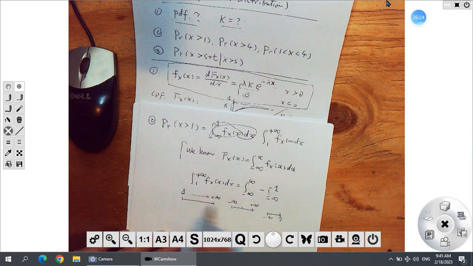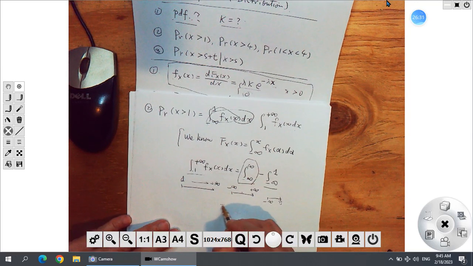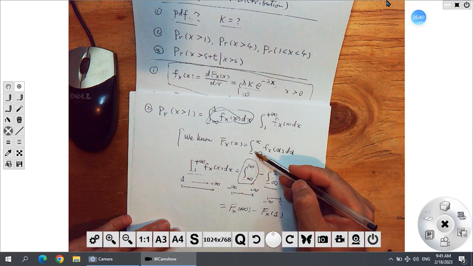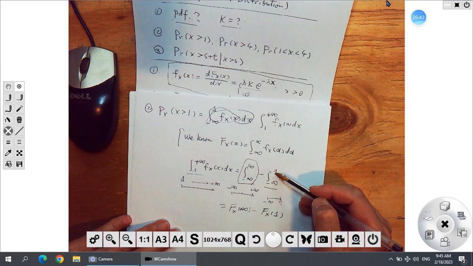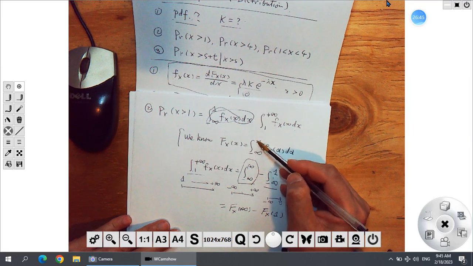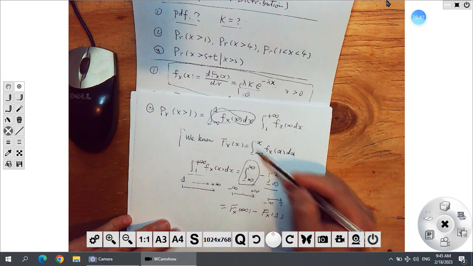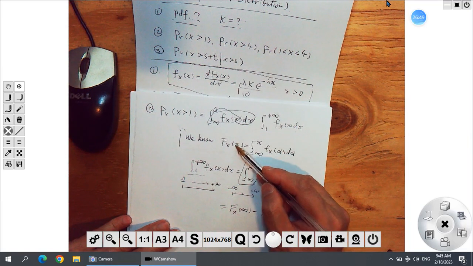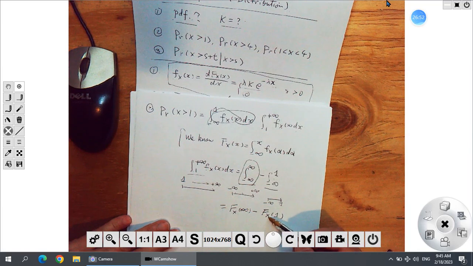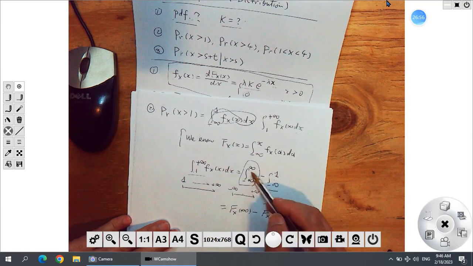So this is F_X at positive infinity minus F_X at 1. Negative infinity to x is F_X, so you just replace x by 1, and similarly replace x by infinity.